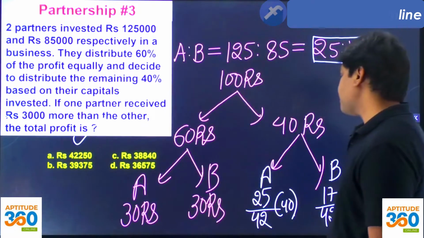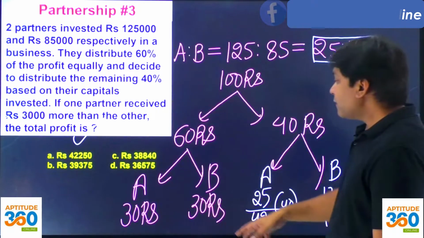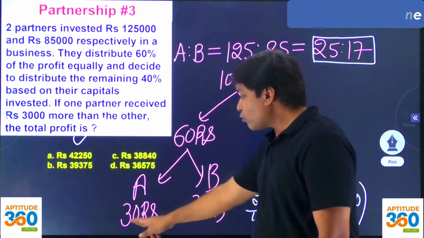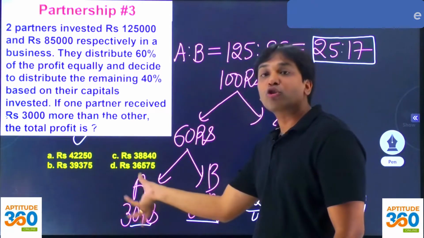Now understand. Difference यहाँ से तो कुछ निकल के आएगा नहीं, because A and B are getting equal values. So 30 minus 30, this value is going to be 0.